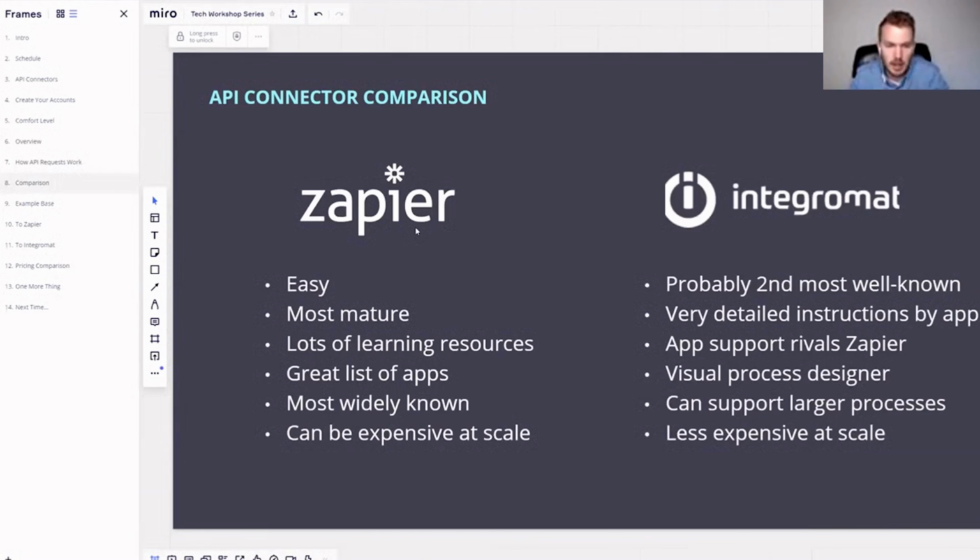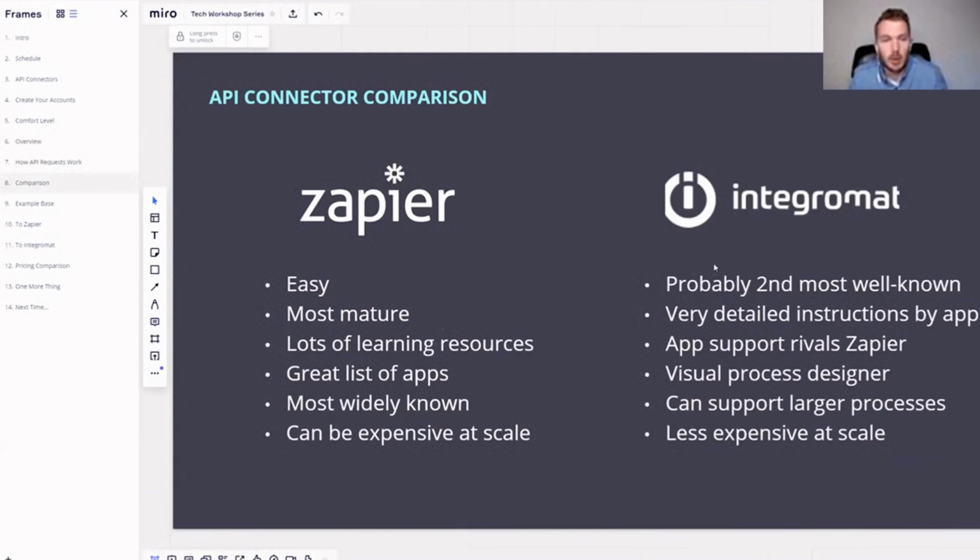Zapier thankfully has thousands of apps. Like I said, most widely known. Downside is it can be expensive at scale. Depends how you define expensive, because this is still really valuable if it's doing real work for you that you would otherwise need to pay somebody to do or do yourself. But in the grand scheme of API connectors, it's fairly expensive.